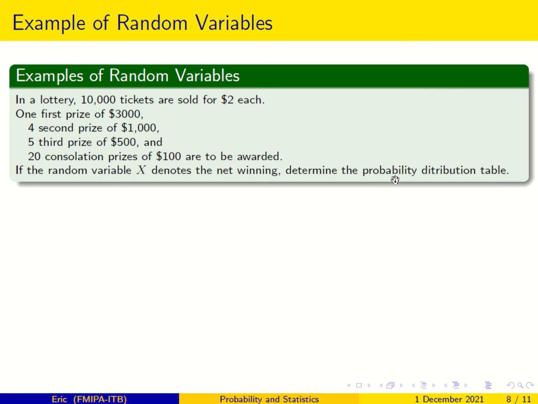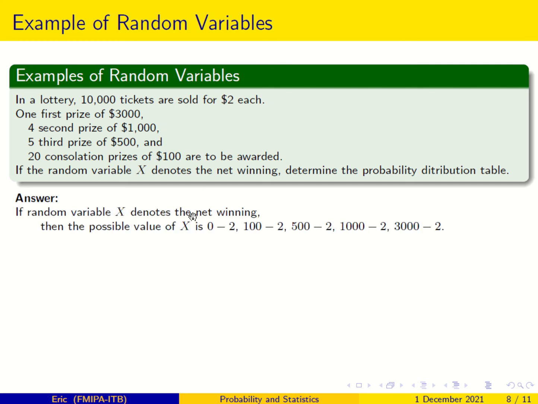What should we do first? We have to know the possible values of the random variable x. The random variable x denotes the net winning. So one possible value is when we didn't win at all, that is 0 minus 2, because we have to pay for every ticket that we buy. If we have a consolation prize, the net winning is 100 minus 2.